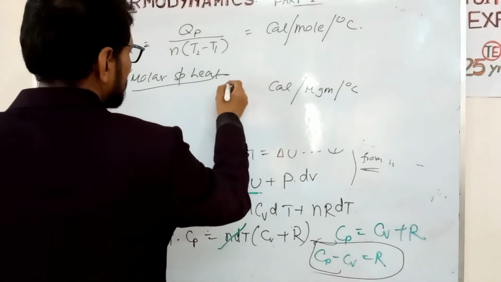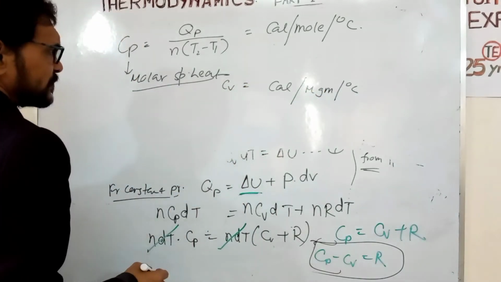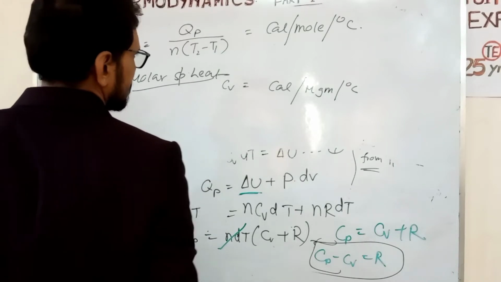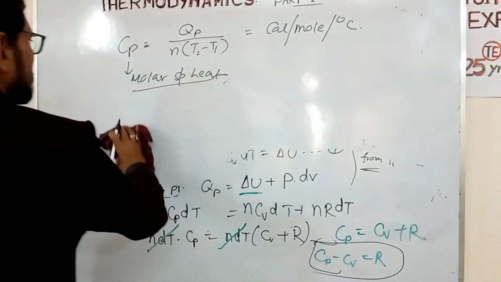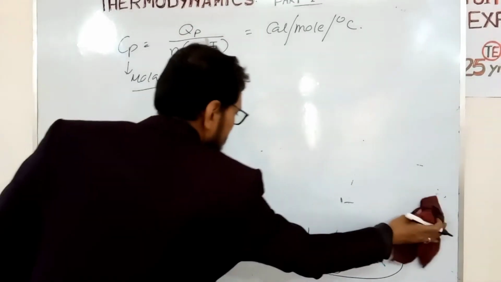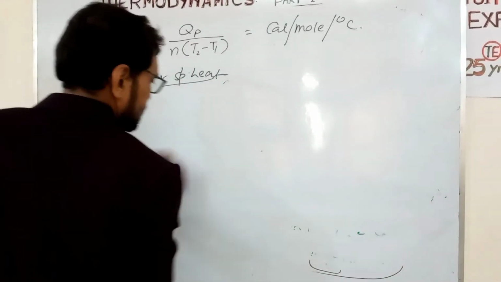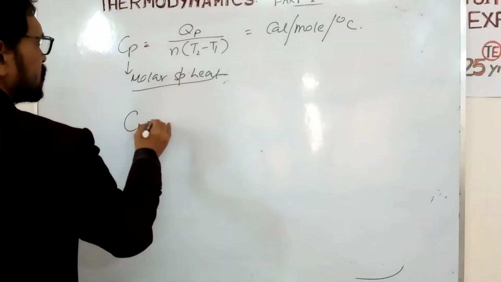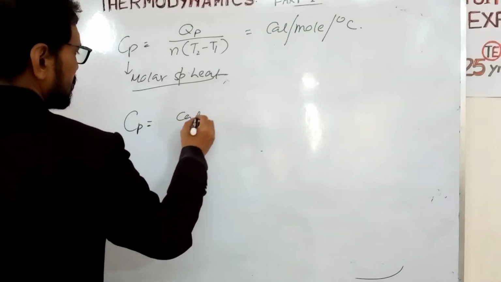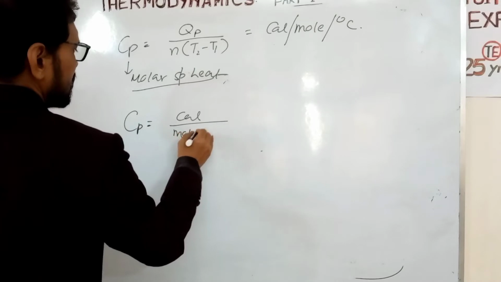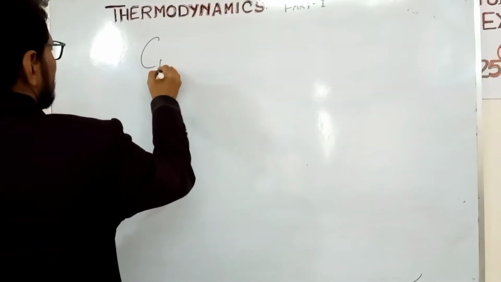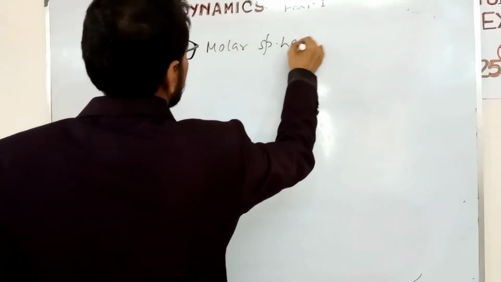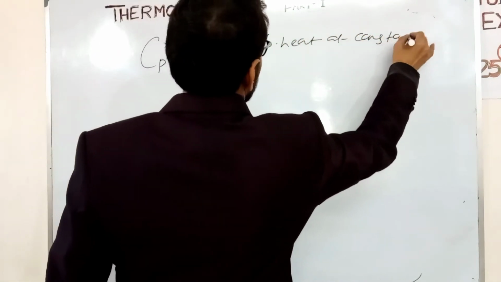So capital Cp is equal to molar specific heat at constant pressure.